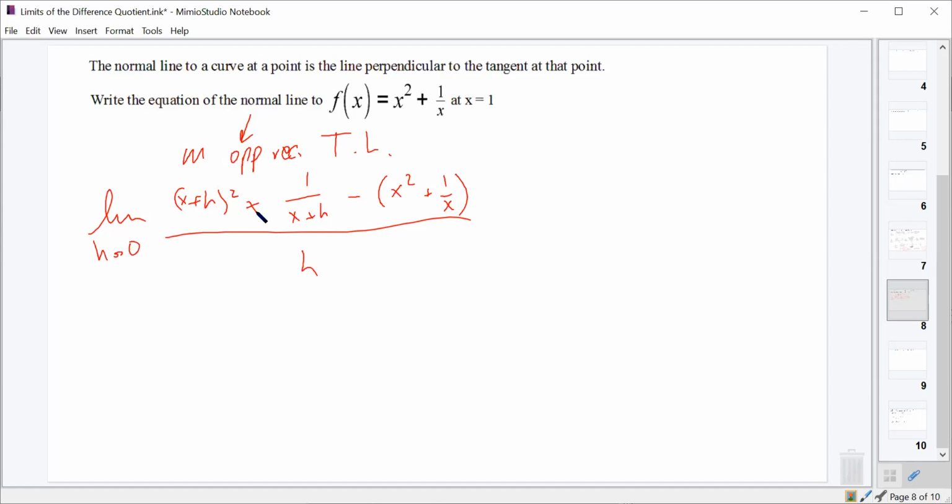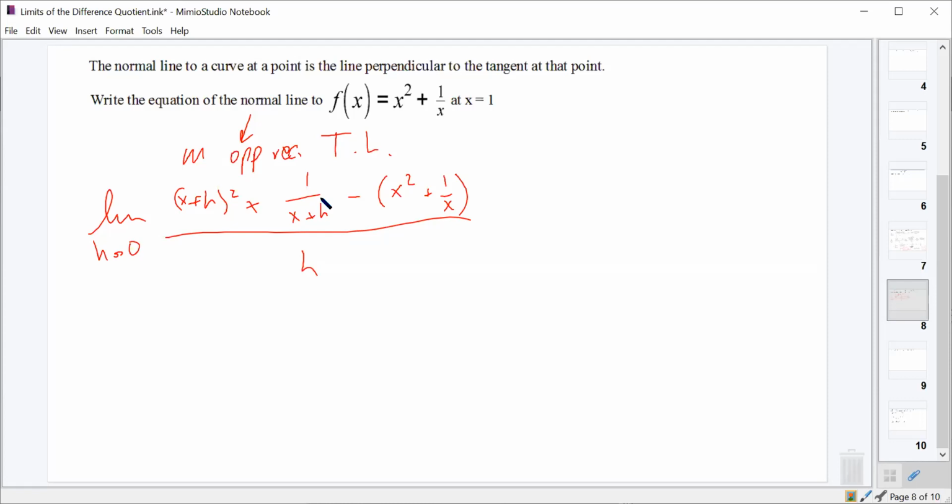And then how are we going to do this? Multiply x plus h times x plus h, and then after that, multiply the negative by the parentheses. Yeah, just distribute the negative through first. We're going to need a common denominator in here, right?